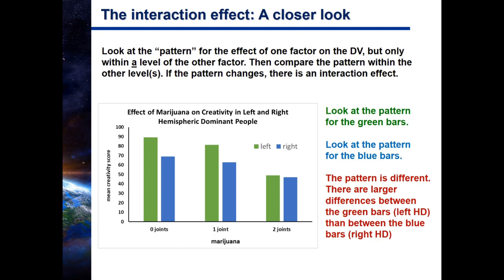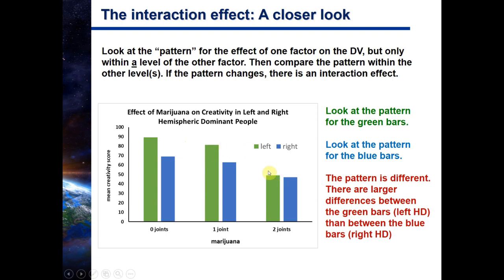Assuming your ANOVA was significant, that the F for the interaction was significant, just looking at the graph we can say that for left hemispheric individuals there really wasn't much of a difference in creativity between 0 and 1 joint. But in the 2 joint group there was a very sharp decline in creativity compared to the other two, especially compared to 1.